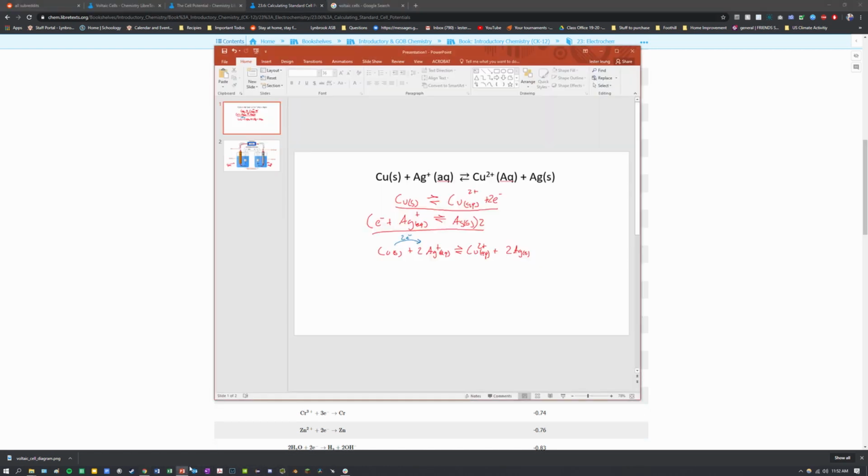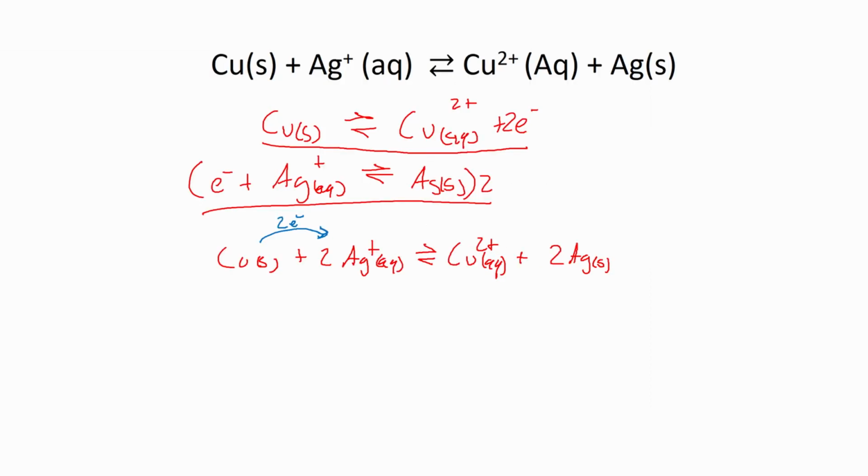And so if we go back to our problem here, we can solve for the cell potential of this particular voltaic cell. Remember, our cell potential for copper was 0.34 volts, but that was showing the reduction reaction. And this is the reaction of copper being oxidized.